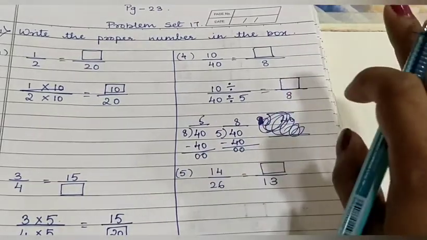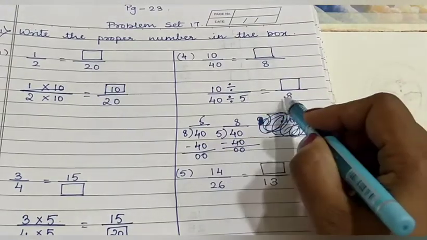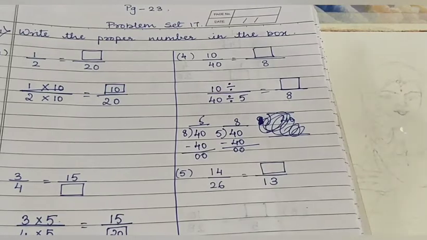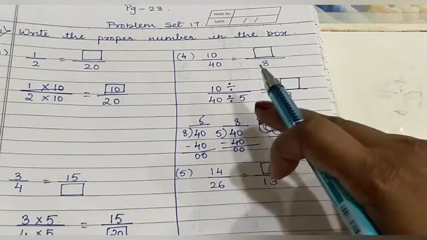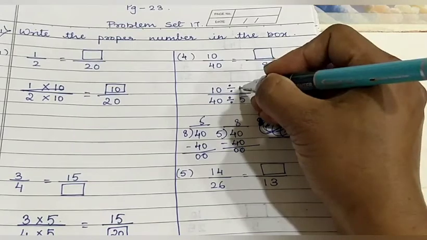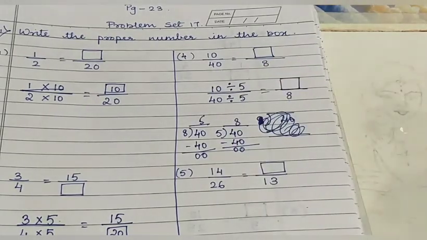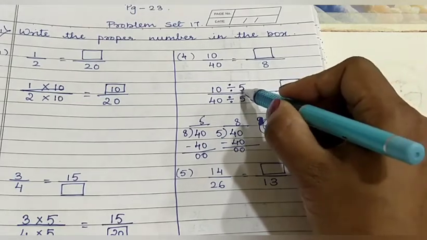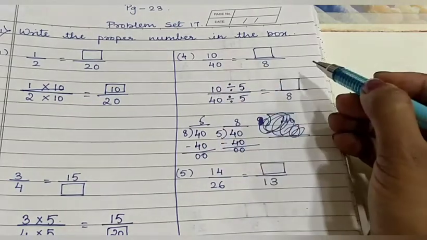So I prefer, if you are not sure, you just tell the table. You all must be knowing the table of 8. So just tell the table of 8 in your mind. You will come to know 8 5s are 40. Now same number, when you divide 10 by 5, what will you get?